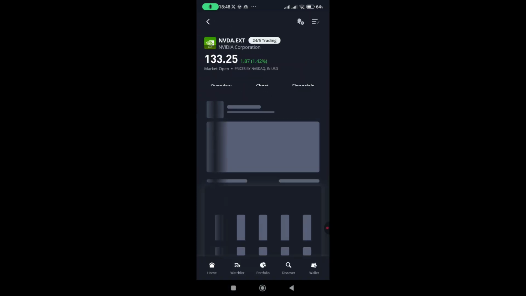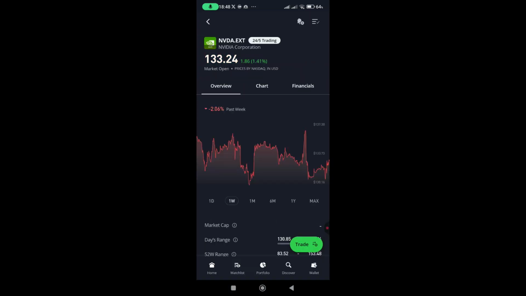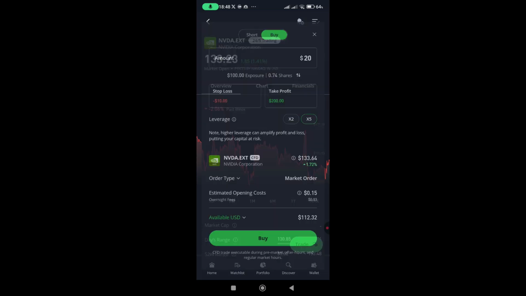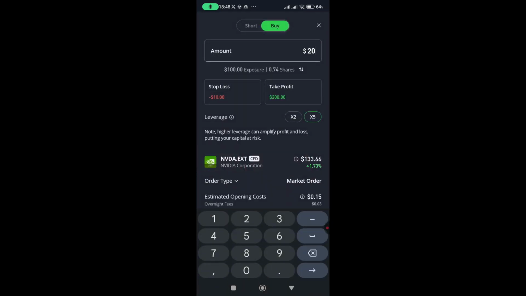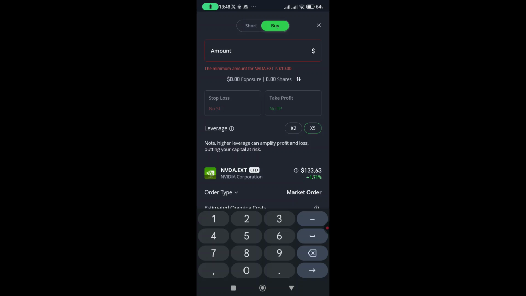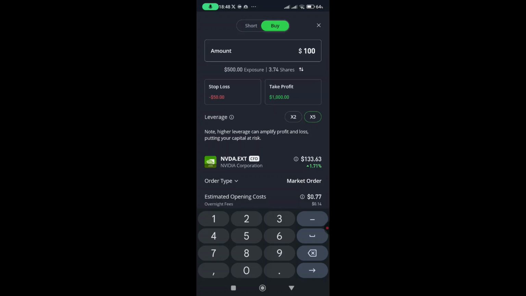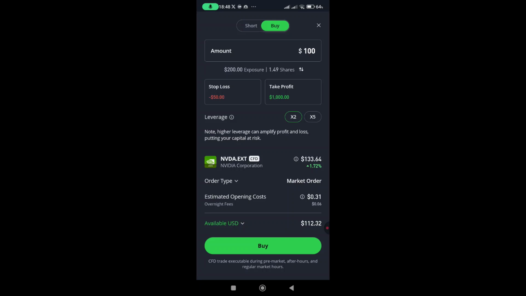Now we would be trading Nvidia, so I'll be showing you how to trade with leverage, and I'll be showing you how it's ultimately done and the fees involved. So we would be trading $100, and we'll do a 2x leverage.